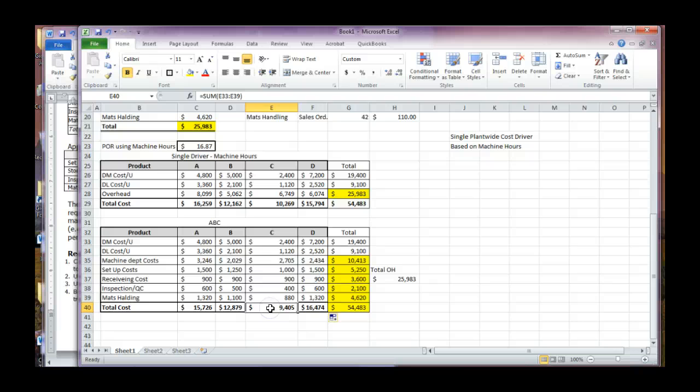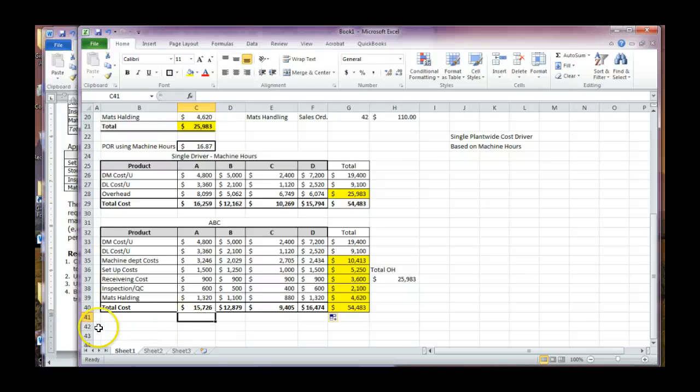C's goes down, D's goes up more. And this is important when you're really hammering production people to control their costs, and you're assigning all these costs to them that they're not even responsible for. People get upset. But also for pricing, I can lower my price on this, beat out a competitor, sell more of them, make more profit, just because now on paper it looks better. All right.